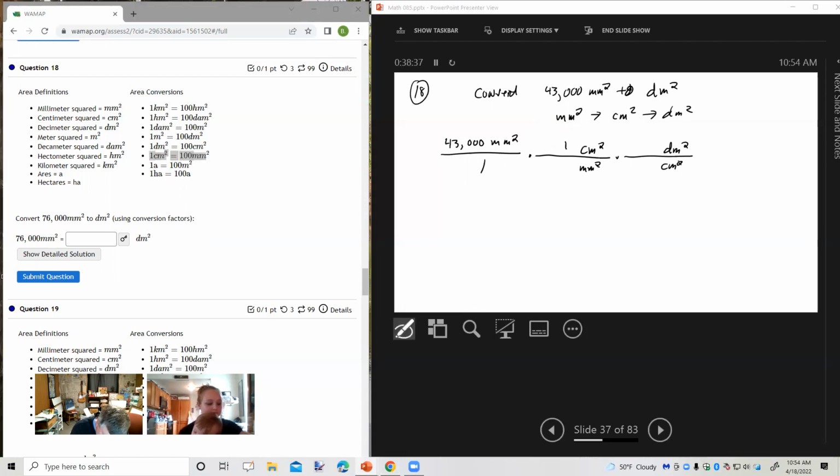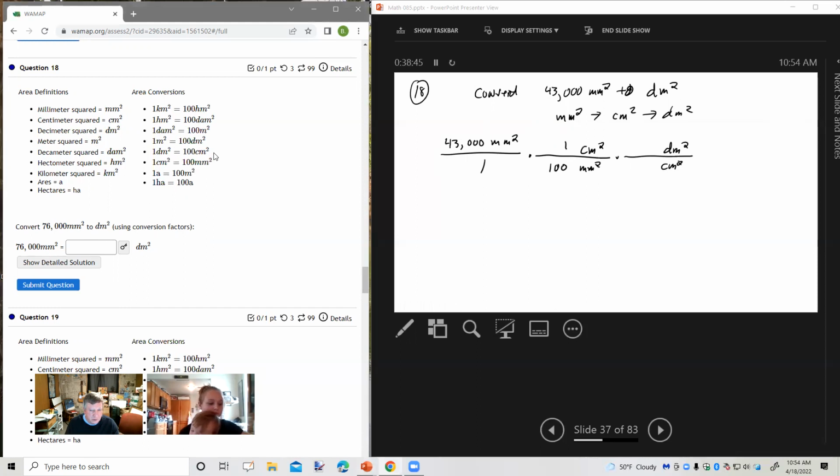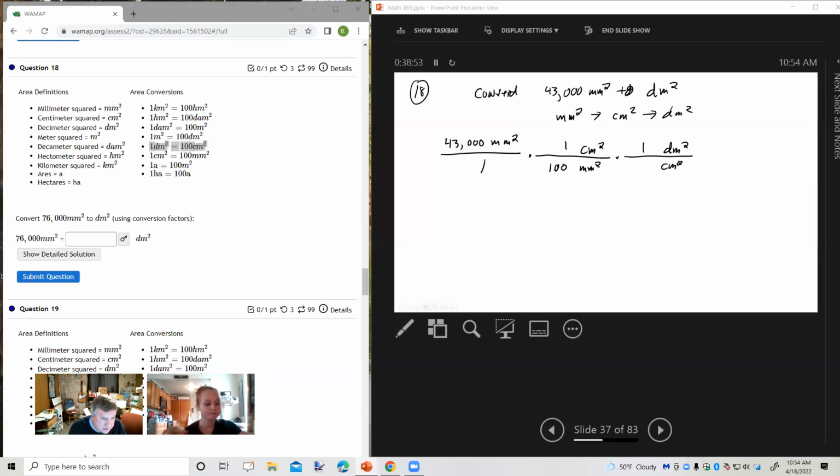And then 1 square decimeter is 100 square centimeters. Okay, so these units cross out, these units cross out.